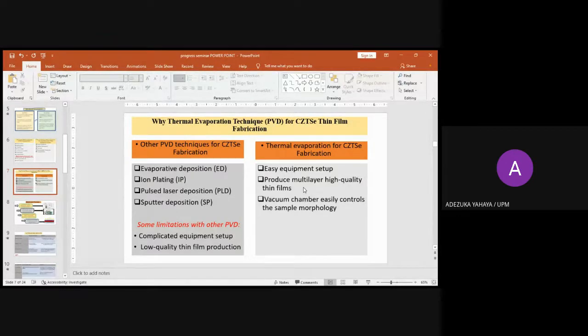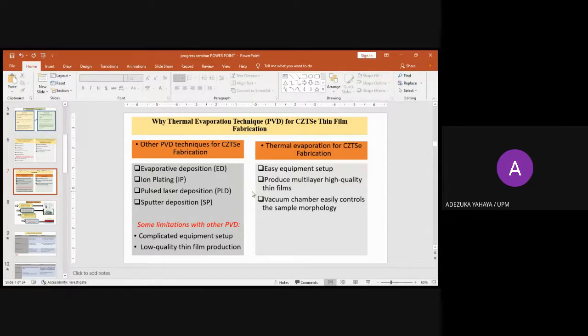Why do I choose the thermal evaporation method for the fabrication of my material? As we can see, we have other techniques that have been used to fabricate the CZTSe, such as evaporative deposition, ion plating, pulse laser deposition, and sputter deposition.